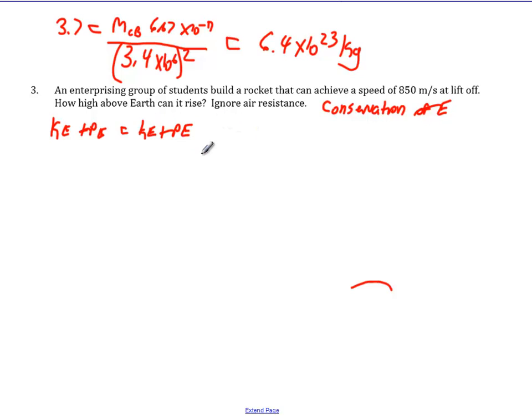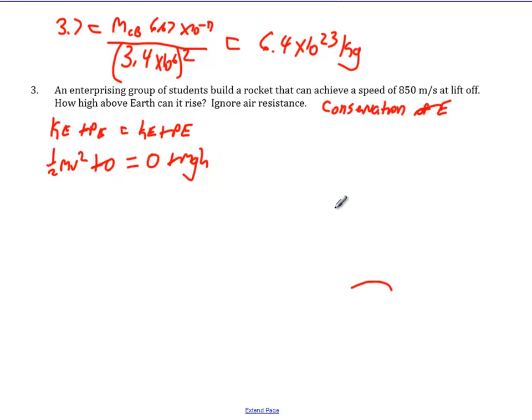Otherwise, we would just say 1/2 mv squared that we start with, this would be the old way, 1/2 mv squared plus 0, because it has no height, it's on the ground to start with, equals 0 because it'll get to its highest point and quit, plus mgh. And we would just find h by putting in our velocity here. Masses would cancel, and we would get h.